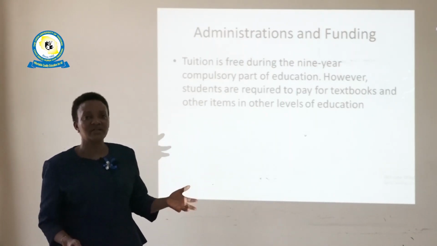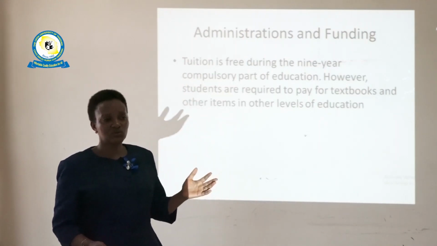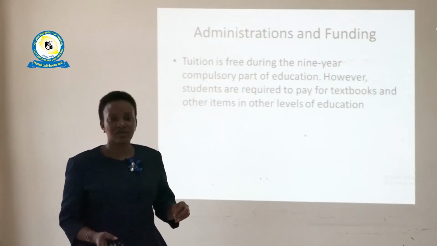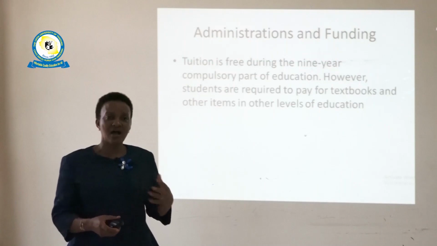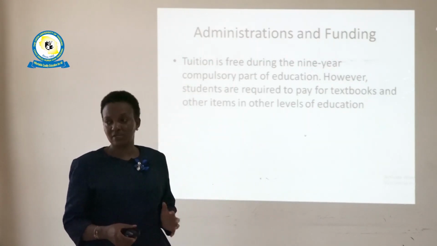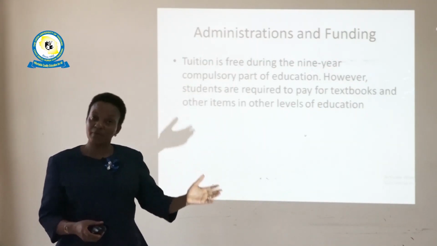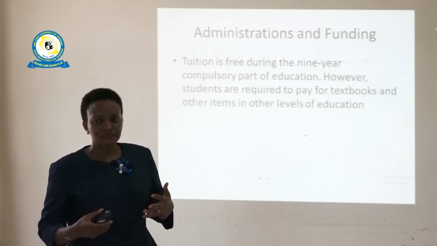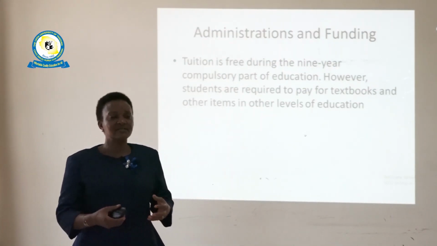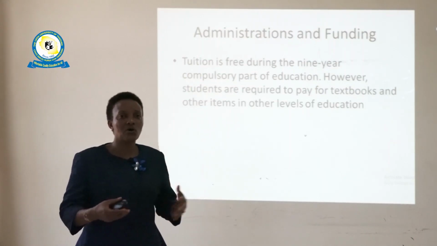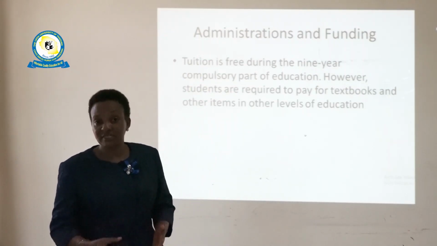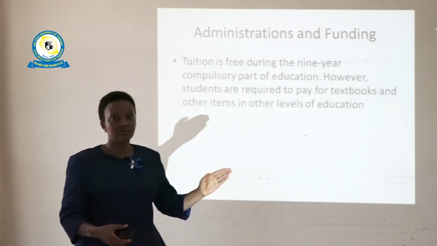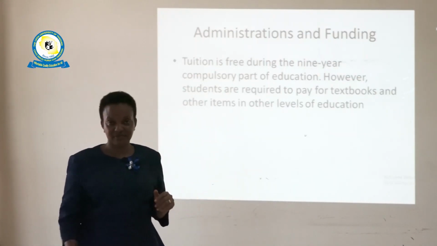It is my hope that you are now able to analyze, or at least to elaborate, the structure of the education system of these countries, the funding, the implementation, and also the control and management of the education system of all those 4 countries.